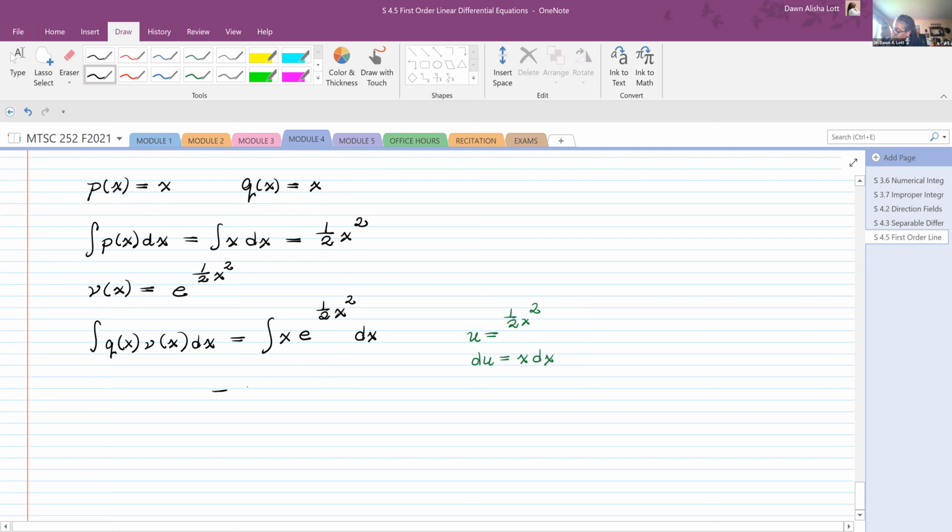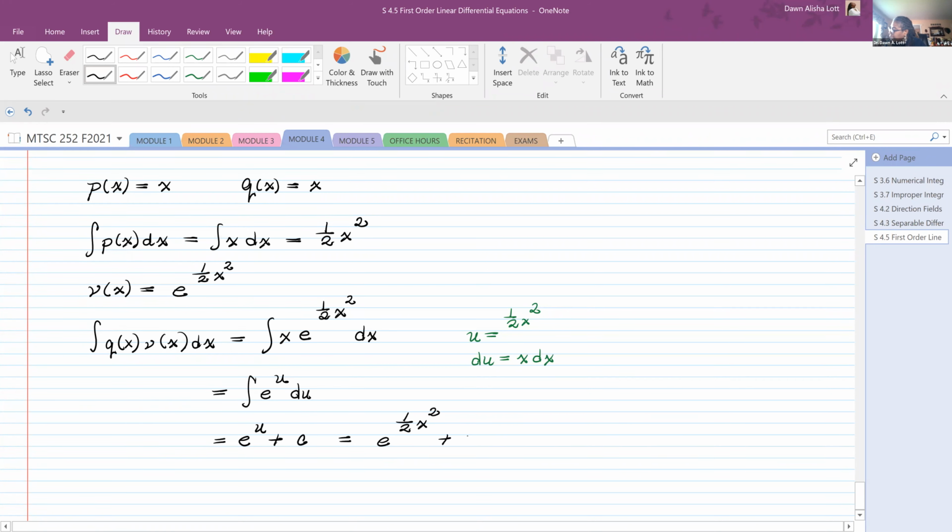So this becomes the integral. X dx is just du, and that becomes e to the u. What's the integral of e to the u? E to the u. So I just get e to the 1/2 x squared.